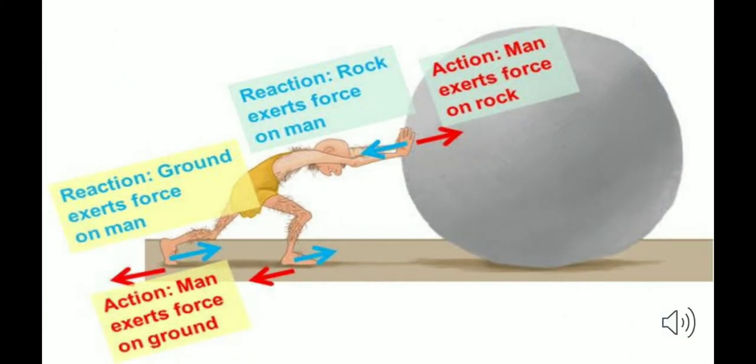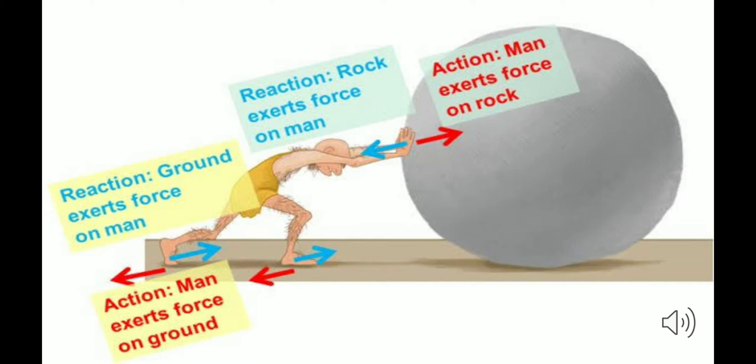Now in this, the picture is very clear. The action is that the man is exerting force on the rock. He wants to displace the rock, so he is exerting force on the rock. And what is the reaction of the rock? The rock is also exerting an equal and opposite force on the man.